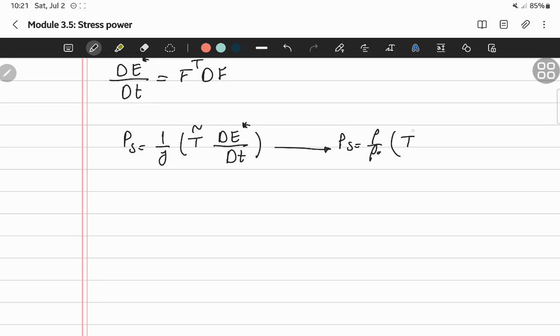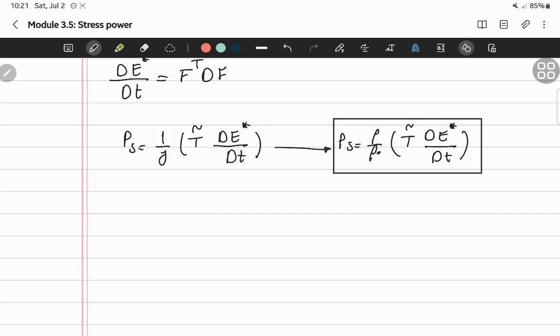Then we have the trace of t tilde de star dt. And this is the stress power for the second Piola-Kirchhoff stress tensor.